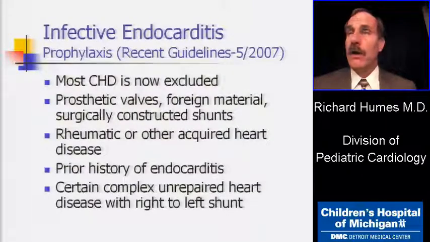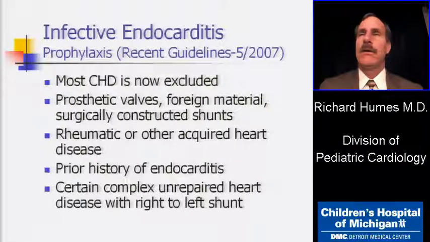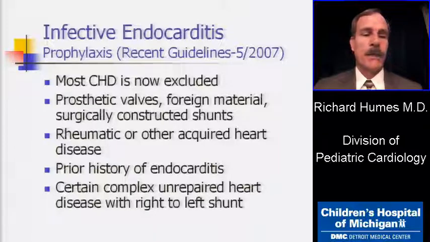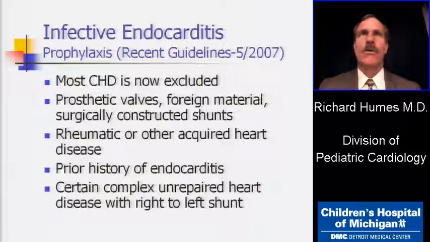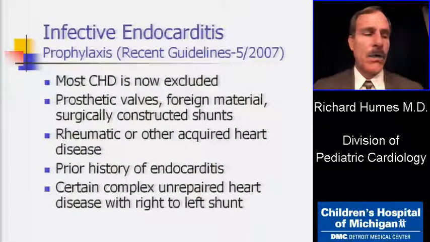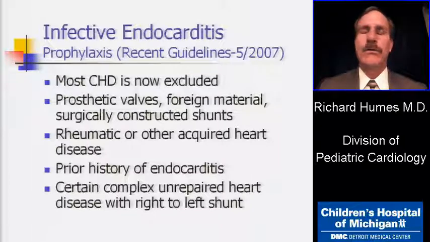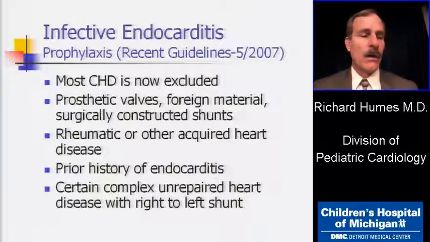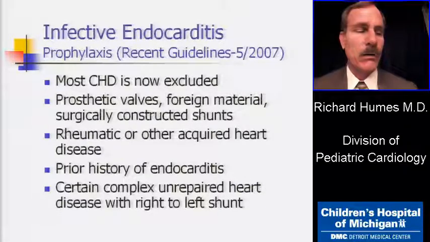Prophylaxis guidelines have changed. I'm hoping that the boards have changed on this also. It used to be that virtually all congenital heart disease was treated prophylactically for dental work and GI surgery and such. Now most congenital heart disease is excluded from routine prophylaxis. Those things which are not excluded are foreign material such as prosthetic valves and surgically constructed shunts.